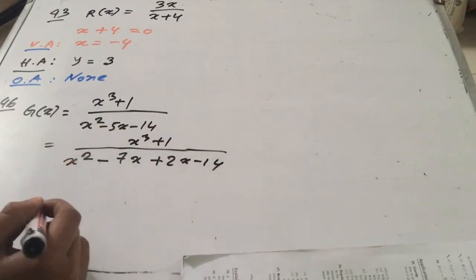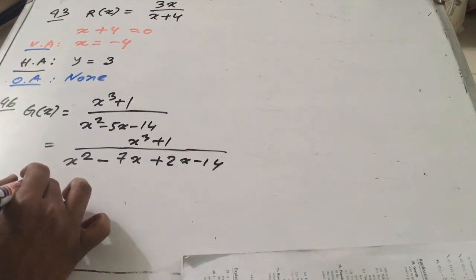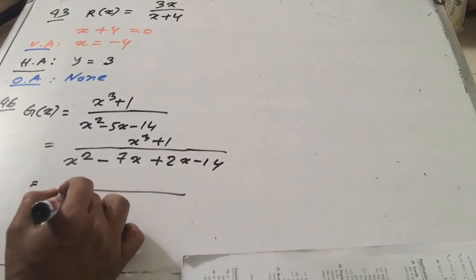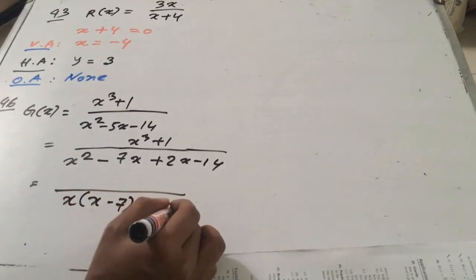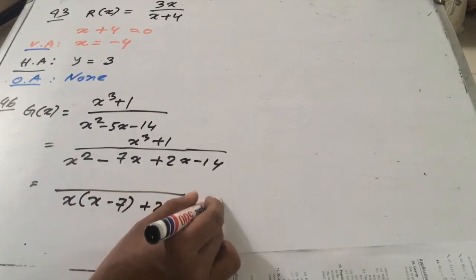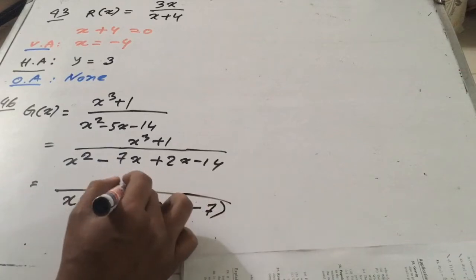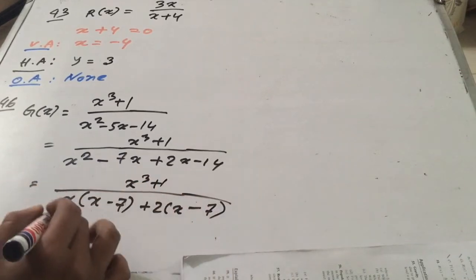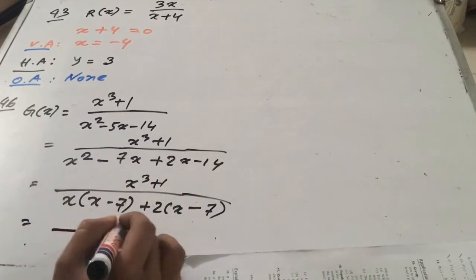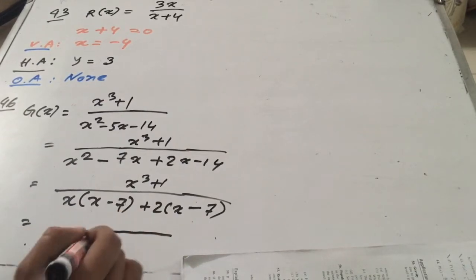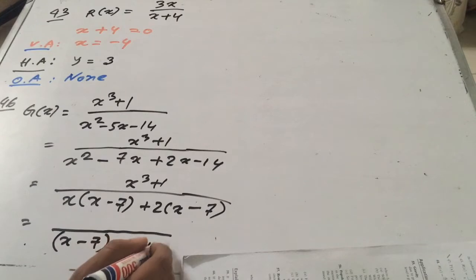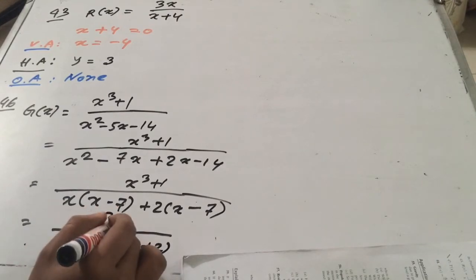If we take x common, then x minus 7. If I take 2 common, then x minus 7, and this term will remain the same. I'm just not doing anything here. Then we have x minus 7 here, then x plus 2 here, then x cubed plus 1 here.